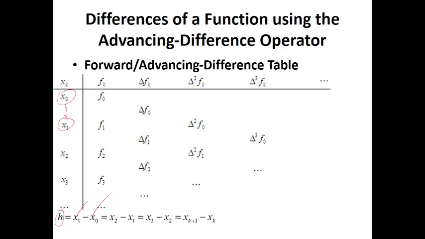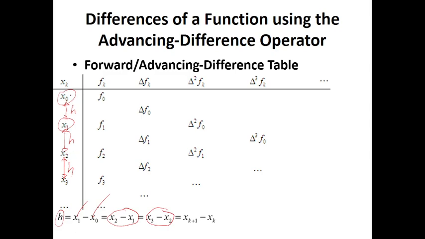So the interval is h. Between x sub 1 and x sub 2, there's also an interval of h, so x2 minus x1 is h. Between x2 and x3, there's also an interval of h. That is the characteristic of the table.